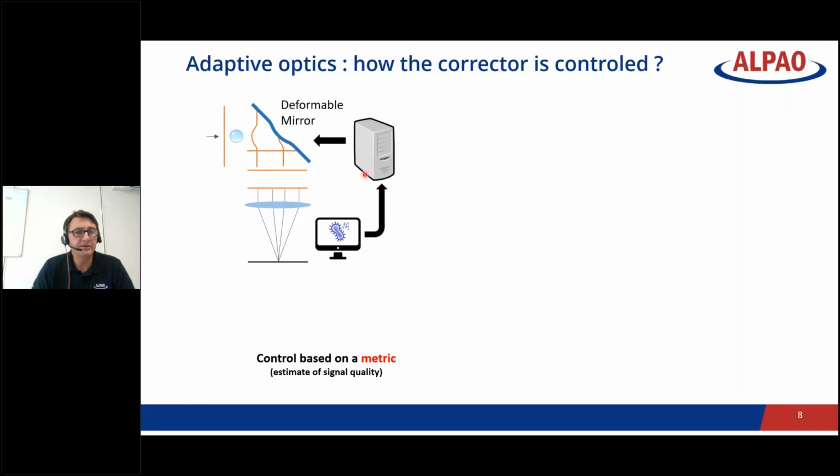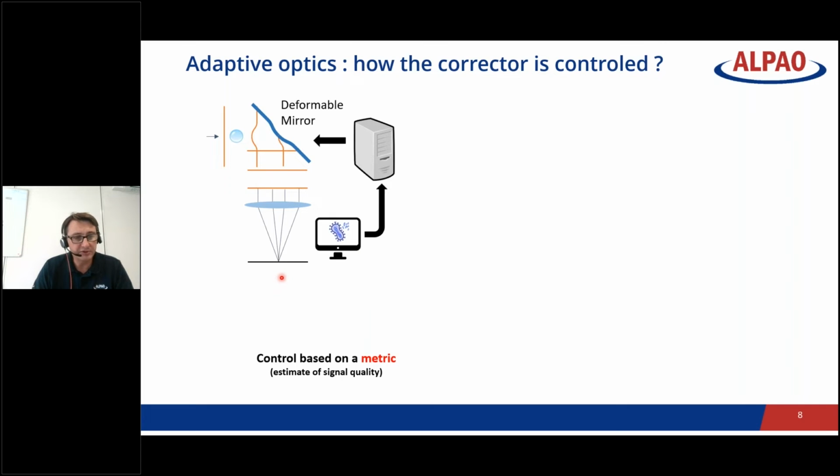And you are using the software, the computer, to try many different shapes on the deformable mirror and to select the one that will make the best image. The good point is that you are using really the metric that is the most interesting for your application. It can be the contrast, it can be the flux injected into an optical fiber.